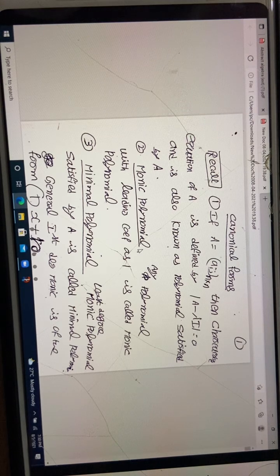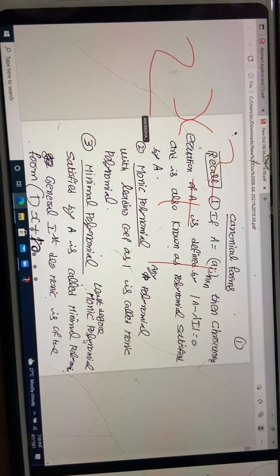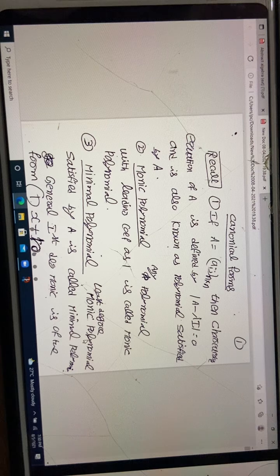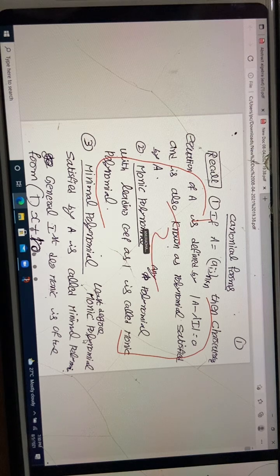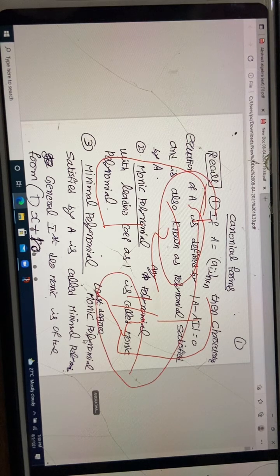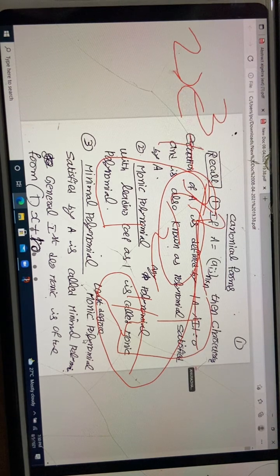Now, monic polynomial. Any polynomial with leading coefficient 1 is called monic. In the beginning we have discussed. For example, x square plus 1 is monic, but 2x square plus 1 is not monic. In the case of characteristic polynomial, you may have coefficients that are not 1. For example, if I have a matrix with entries 1 by 2, 1, 1, 1 by 3, because the elements are rational numbers, you may get a characteristic equation in the form 2x cube plus x square minus 1 equals 0.